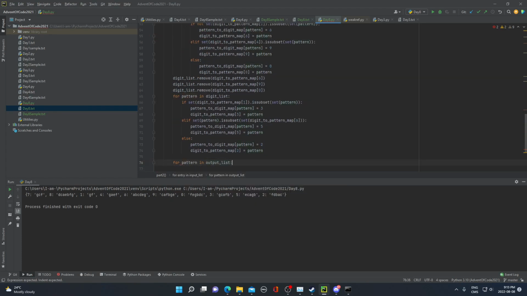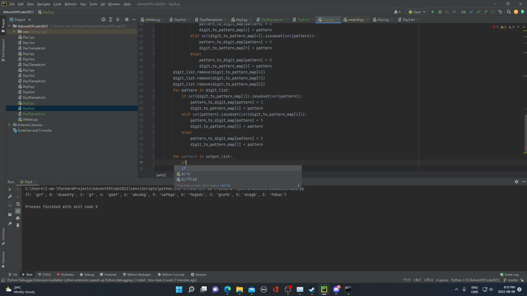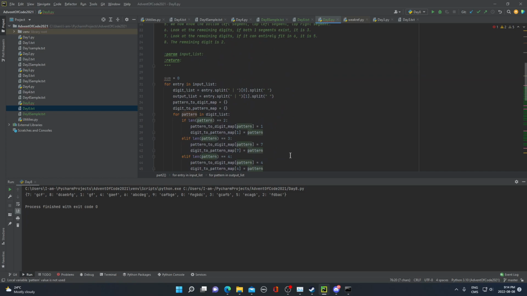For pattern in output list, if the pattern... let's just sort everything in the pattern to digit map first.